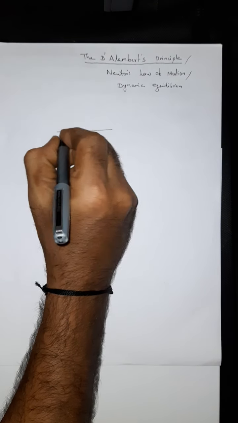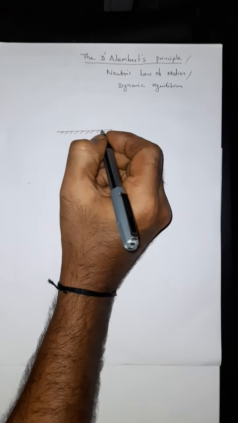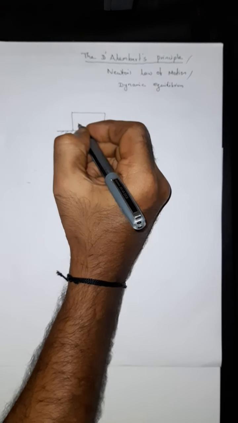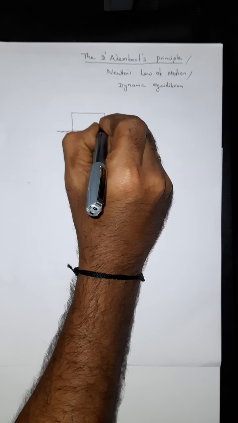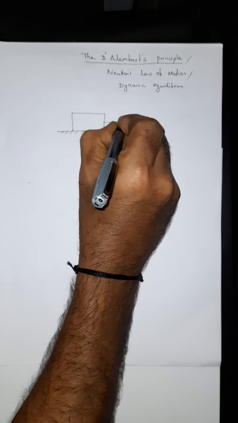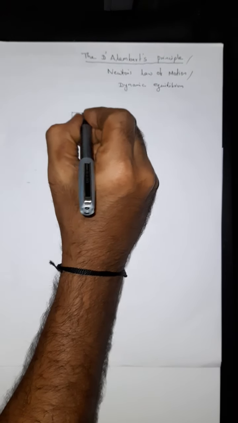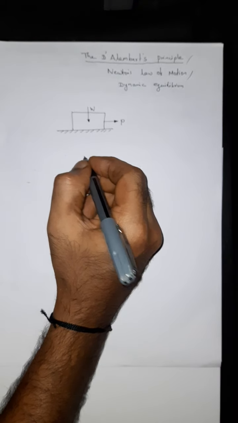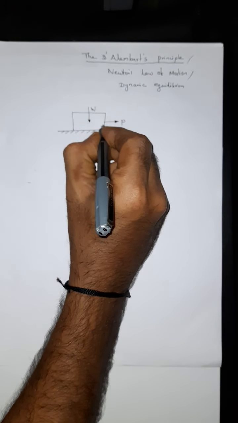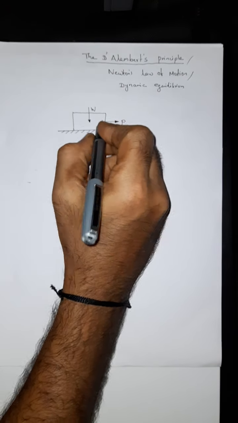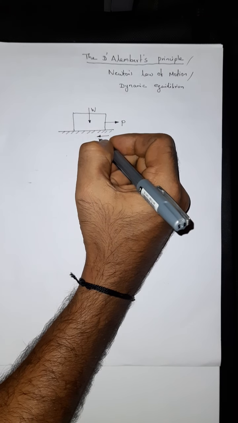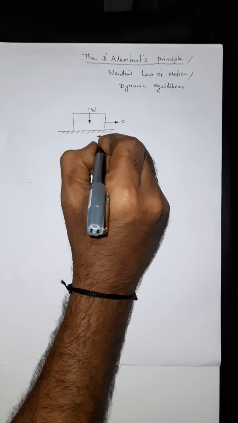Assume a horizontal plane. Over this, an object is being placed and an external force is being applied, of magnitude P. The object's own weight acts vertically downwards, of magnitude W. When the object moves towards the positive x direction, its friction F acts in the opposite direction of the motion, right?